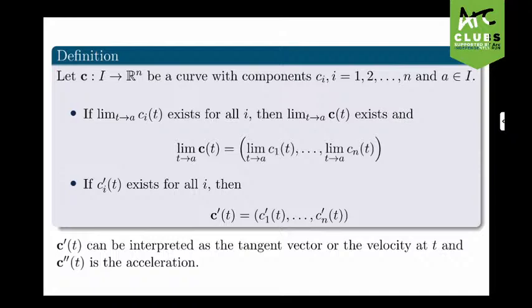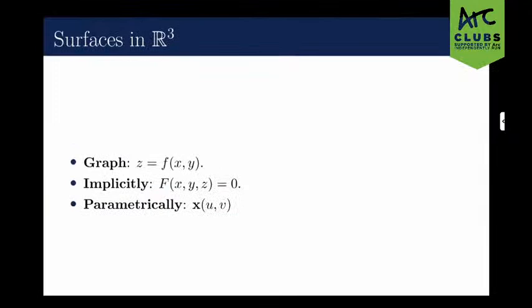We can interpret it as the tangent vector, so how quickly it is moving along this curve as the value of t varies. If you think of it as velocity, and the question says speed, then we're talking about the magnitude of this vector. The second derivative is just the acceleration. In terms of surfaces, we've got 3 different forms. I think most of you should be familiar with this.